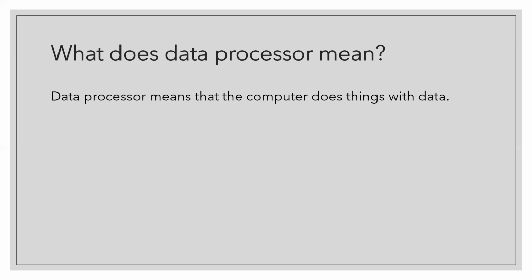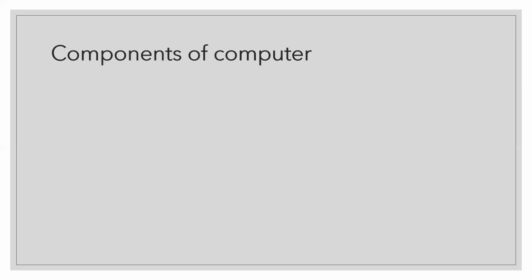So maybe we have already got our points about the questions that were arising in our mind. Now we will talk about the components of a computer. So digital has already been finished.